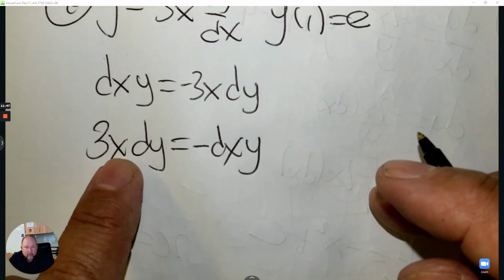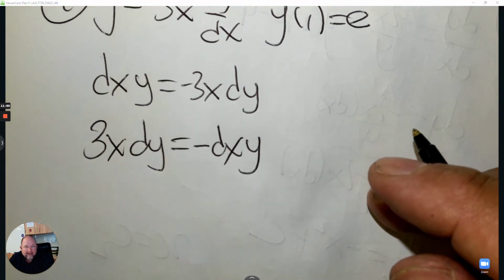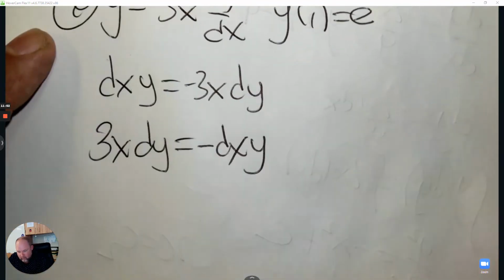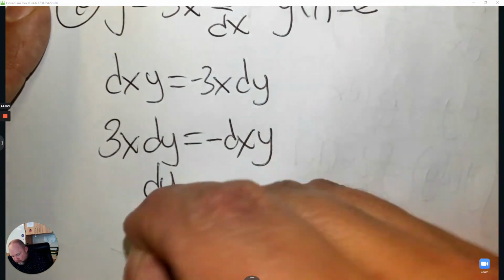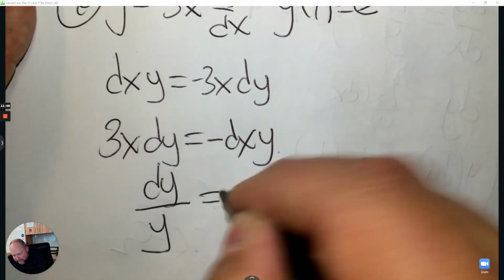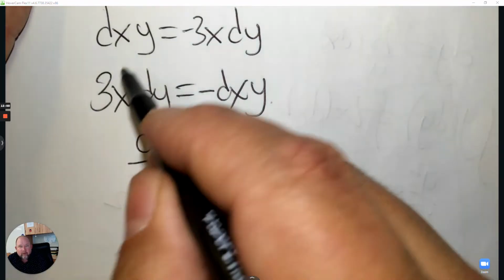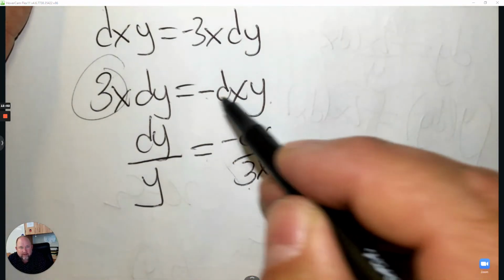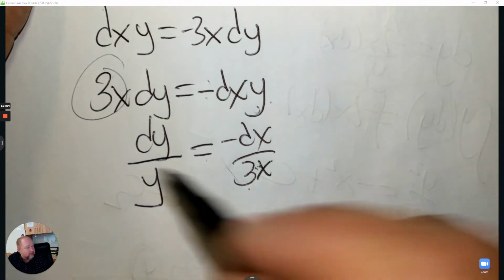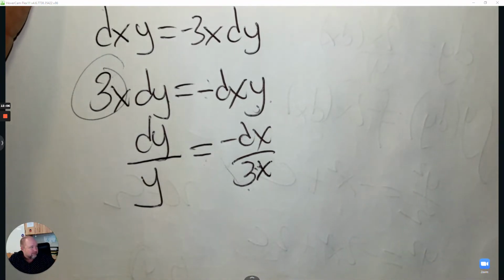So the y's are on the one side and the x's are on the other side. Then I'm going to divide by y and divide by 3x. So I divided by 3x and I divided by y. I kept the negative here because I just want to get y by itself.